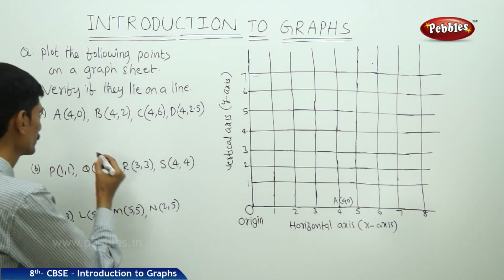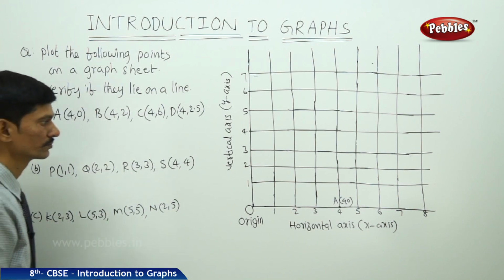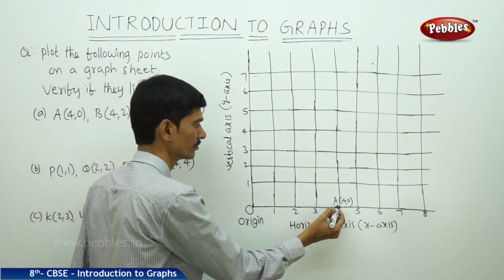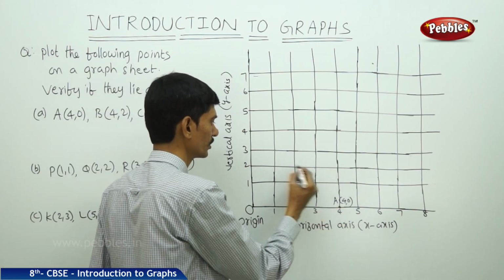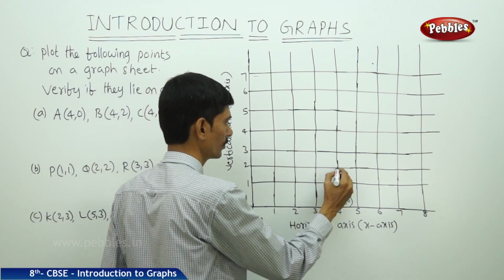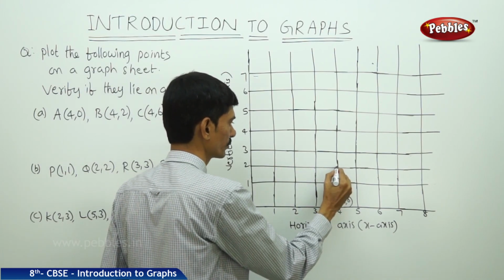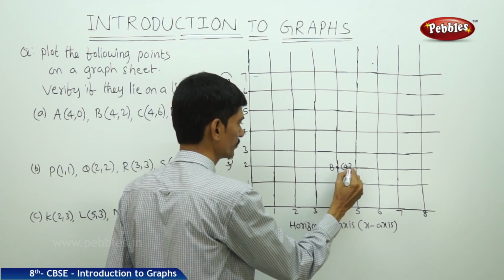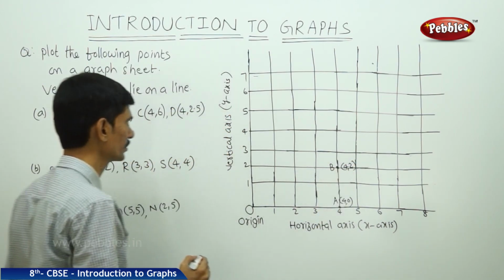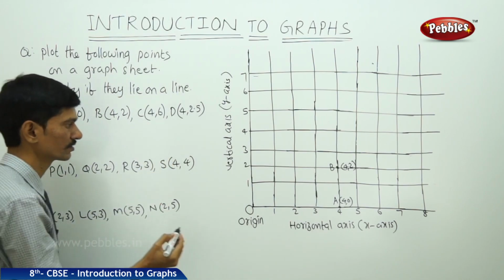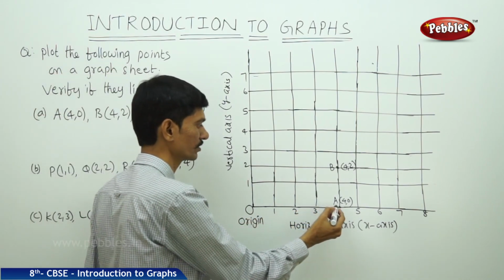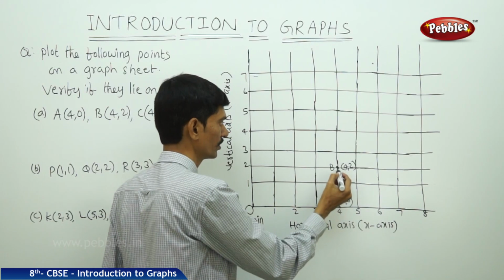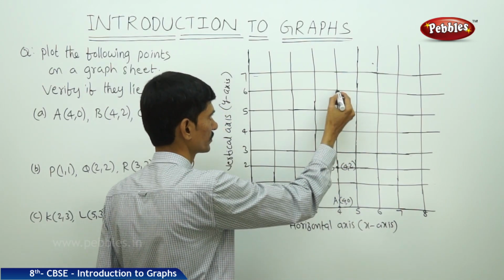Then the second point (4, 2). If you take 4 on the x-axis and 2 on the y-axis, these two lines will intersect here. So this is the point B, which is (4, 2), and the next point (4, 6). C point is (4, 6). So on the x-axis 4, on the y-axis 6.